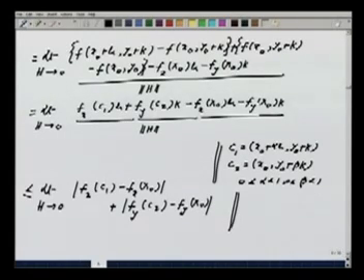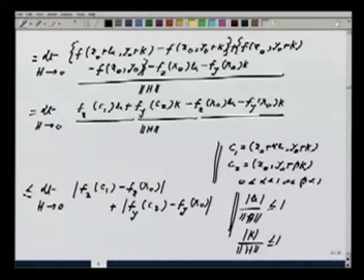This simply follows by the fact that modulus of h by norm h is strictly less than 1 and modulus of k by norm h is less than or equal to 1. Okay.